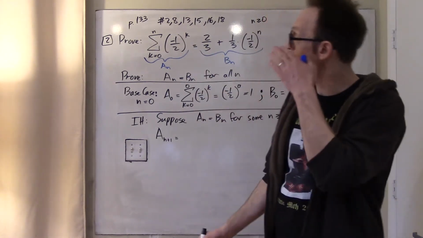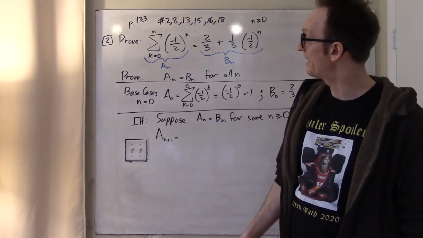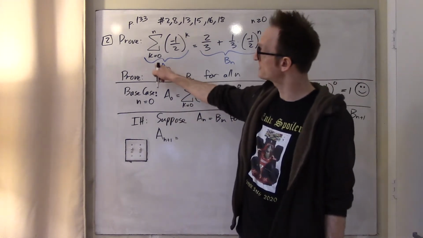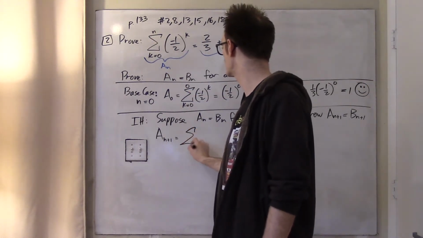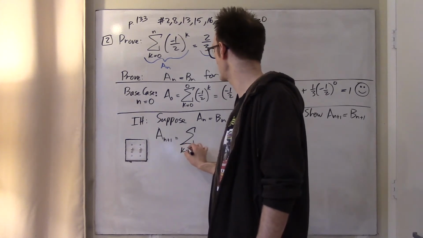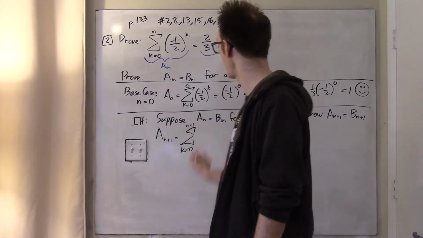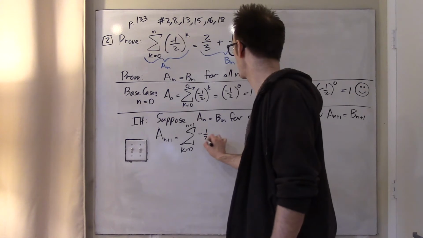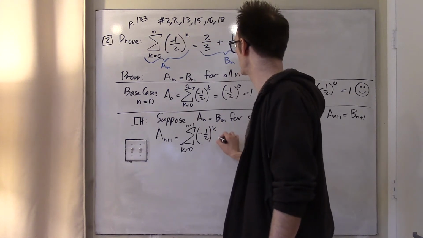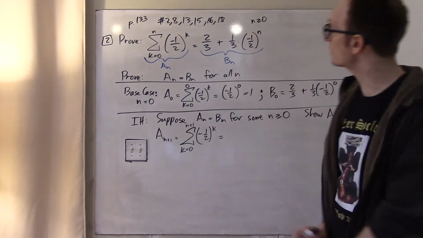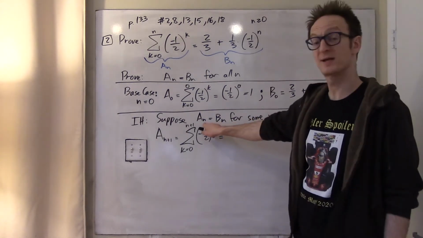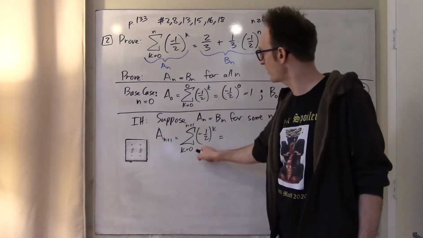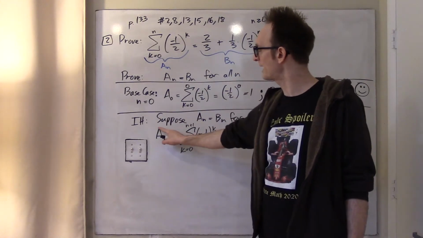It's just going to be what I get when I perform this summation, but instead of stopping at n, I'm going to stop at n+1. So it's just the sum from k equals 0 to n+1 of (-1/2)^k. Since I want to relate this as much as possible to my inductive hypothesis, I want to make A sub n+1 look like A sub n.